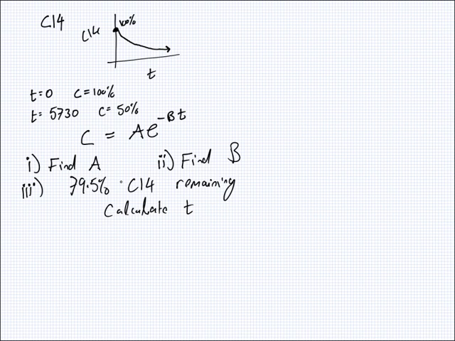Yeah, it's not right. It's way too small, isn't it? What you got for T? Five thousands. Yes. How many thousands though? What did you get for T?